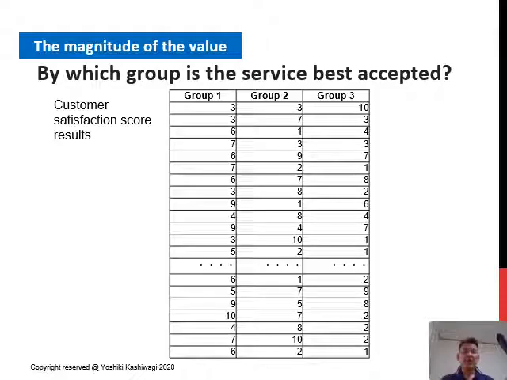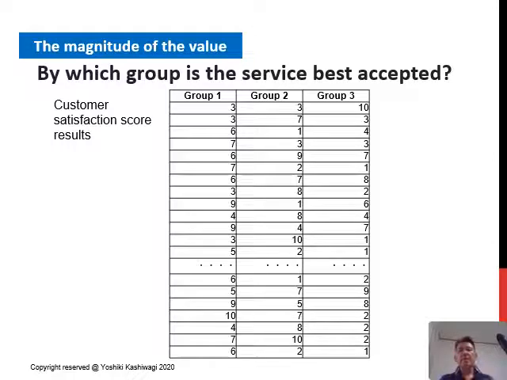Okay, let's think about some example. This is an exercise you already did before my lecture this week. The question was, by which group 1, 2, 3, is the service best accepted? Let's assume you are providing some service and you took a customer satisfaction score survey, and here's the result.